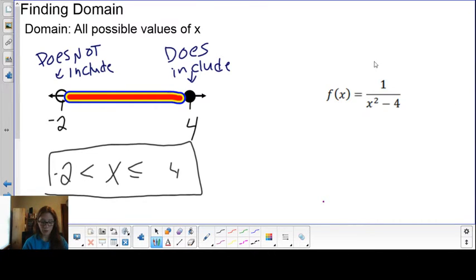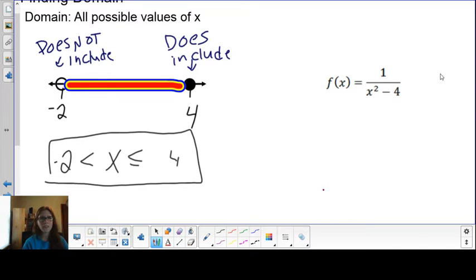What about when you're dealing with something else? What if you're given an actual function? Well, we have to think about what x cannot be. Well, why couldn't x be something? Well, think about a fraction. Think of my sign that I have in my classroom.